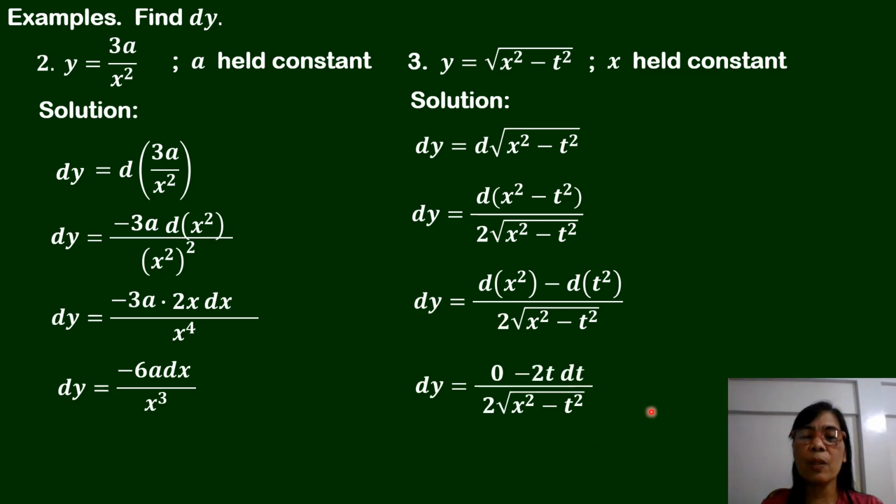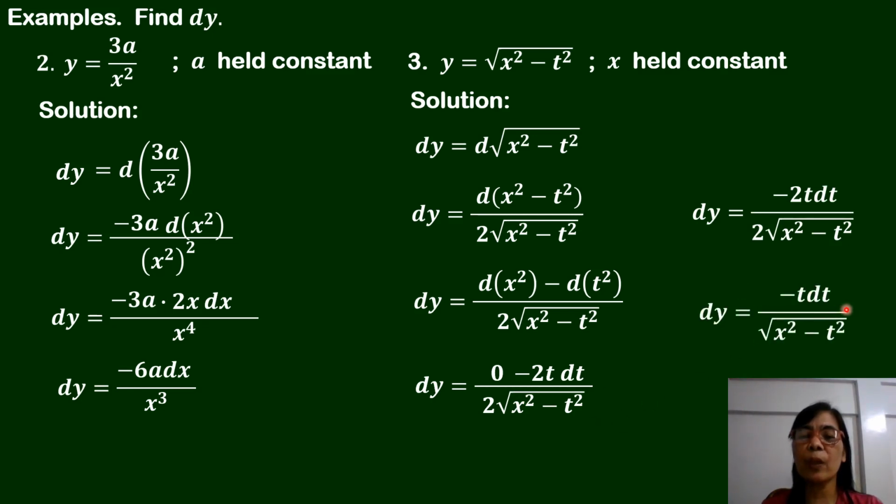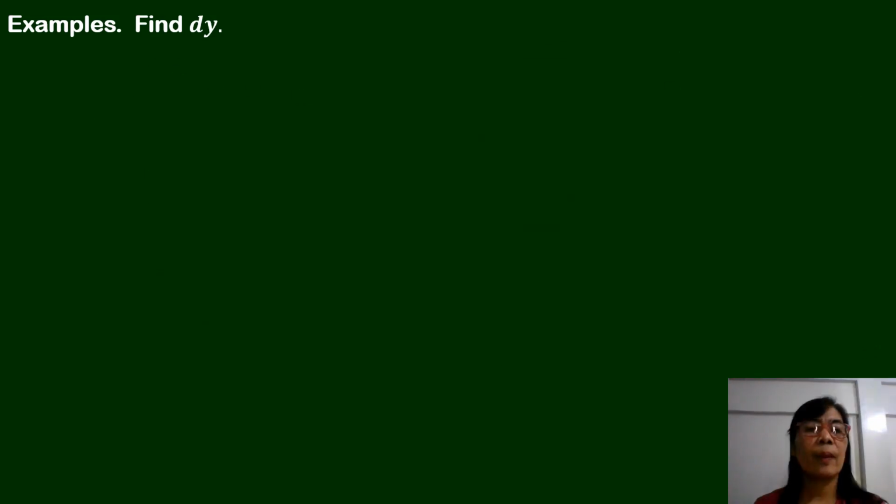So we have 0 minus the differential of t squared. We apply the power formula. That will become minus 2t times dt. So simplifying, this function will now give us the differential of y is equal to negative t dt all over the square root of x squared minus t squared.